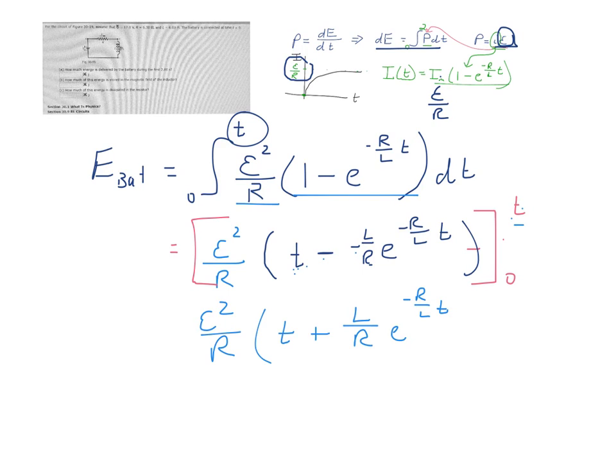Now we subtract the lower limit: plug in 0 for t, and we get e to the 0, which is 1, times L over R.